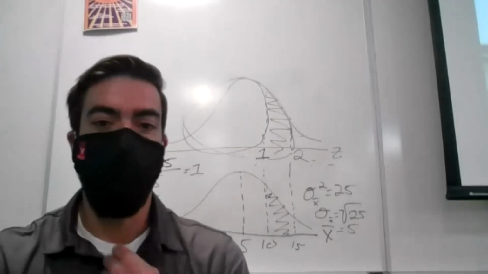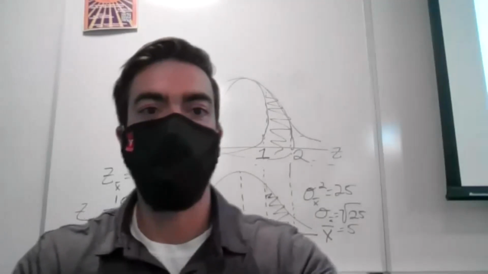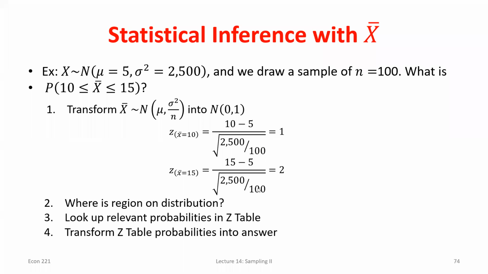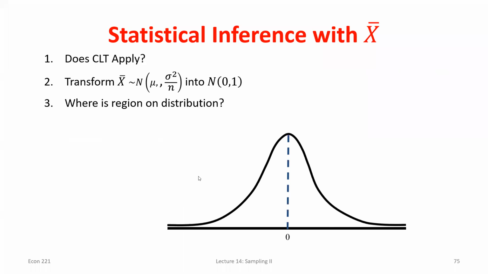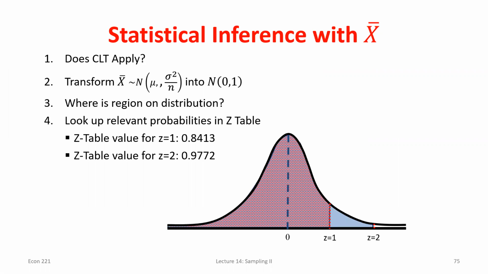All right, hopefully this is old hat at this point. If we turn these into z-scores, I have a picture here to go with this. This actually looks like an example we did earlier this week. I can find the area to the left of a z-score of 2, subtract the area to the left of a z-score of 1, and I'm just left with what's in between.